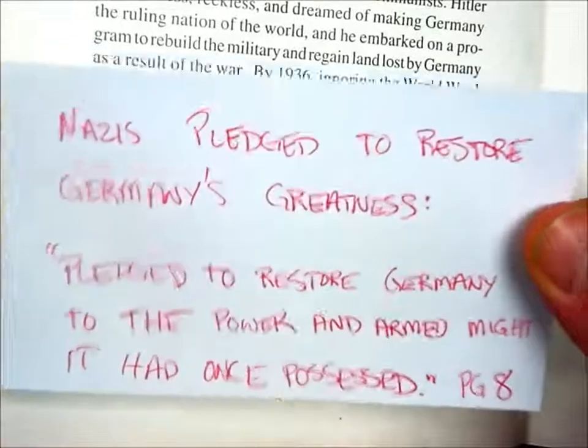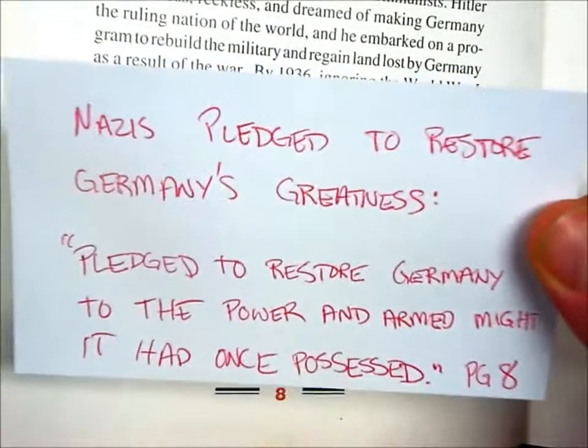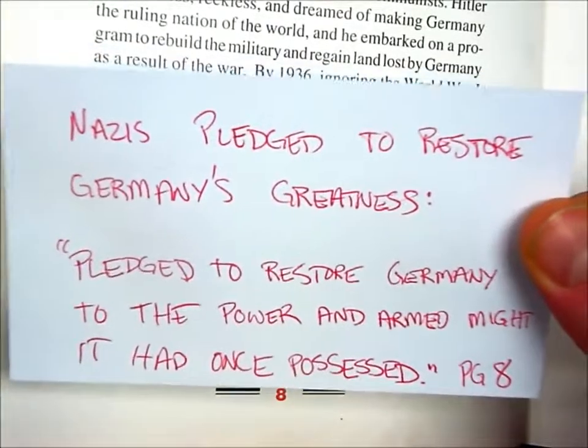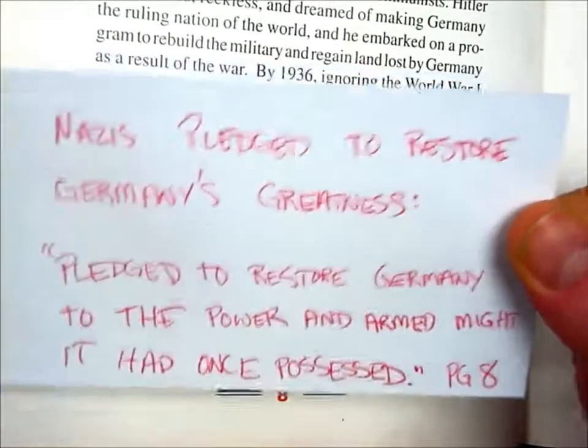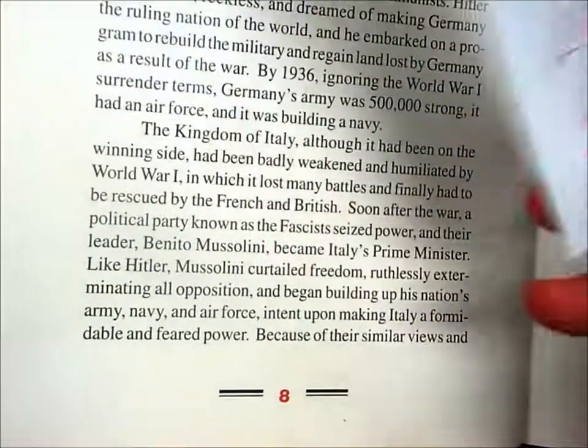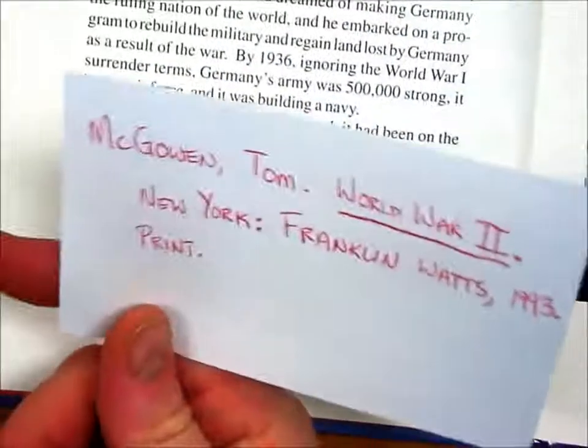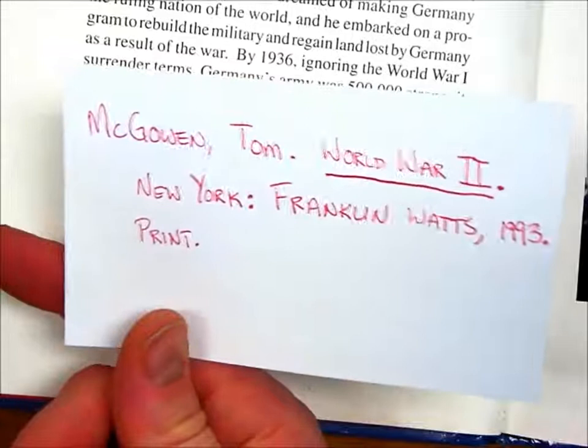So here I have a note card, and it's got a quote on it from a book that I found that shows that one of the promises that the Nazis made were to restore Germany to the power and might it had once possessed before World War I. And then on the back, I have all the citation information that I need.